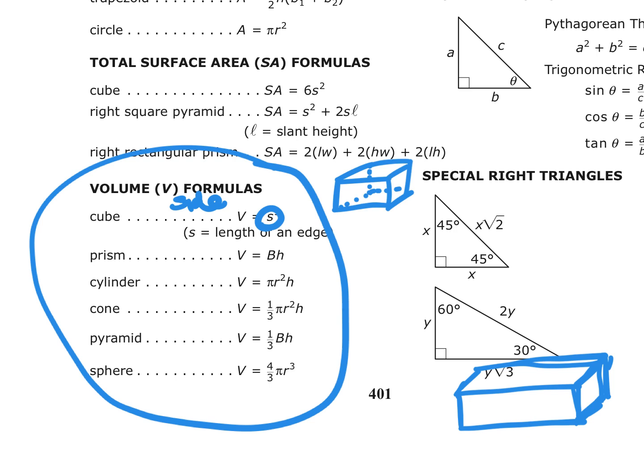A triangular prism is going to have a triangle at either end of the three-dimensional figure, and it's going to look like that. So you'll have triangles on the two bases, the two ends, I should say. And then the bottom would be a rectangle. So those are prisms. Okay.